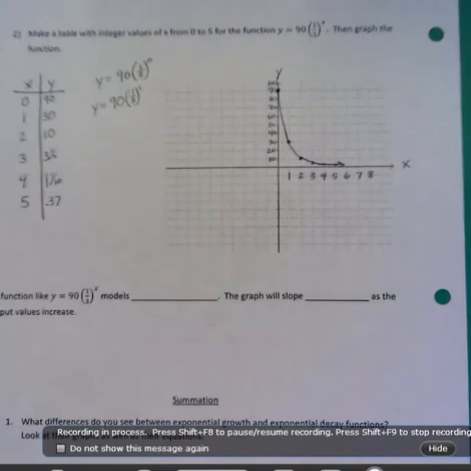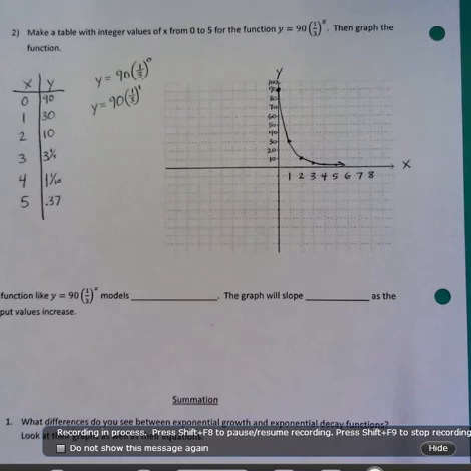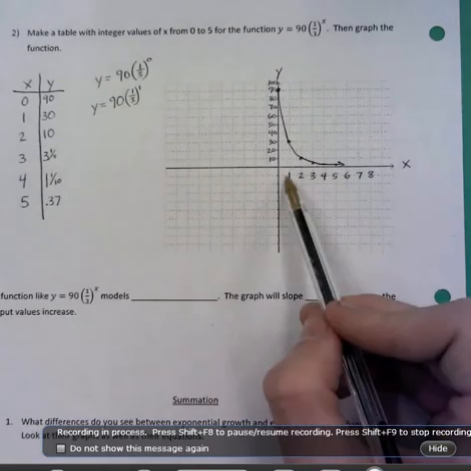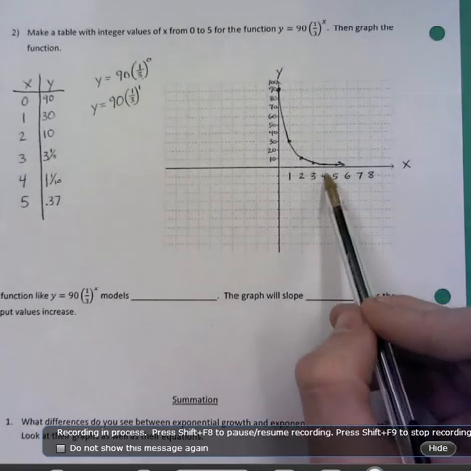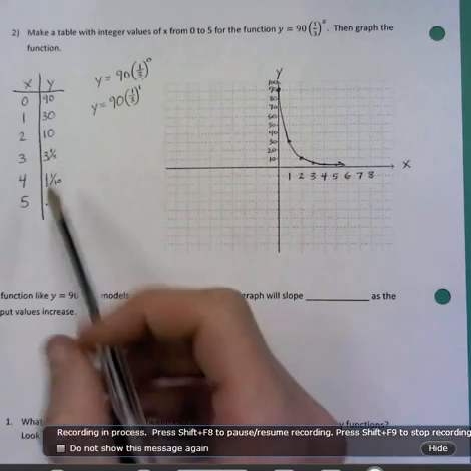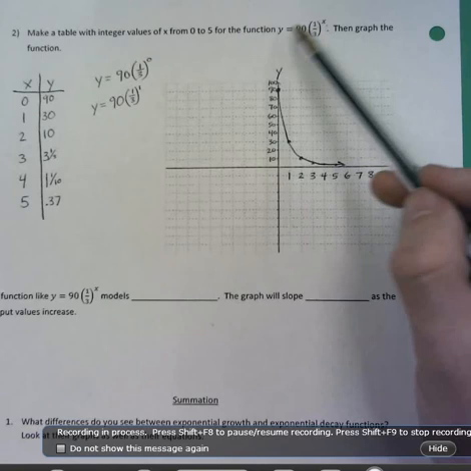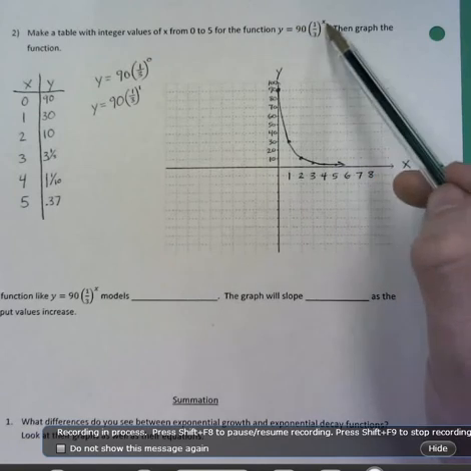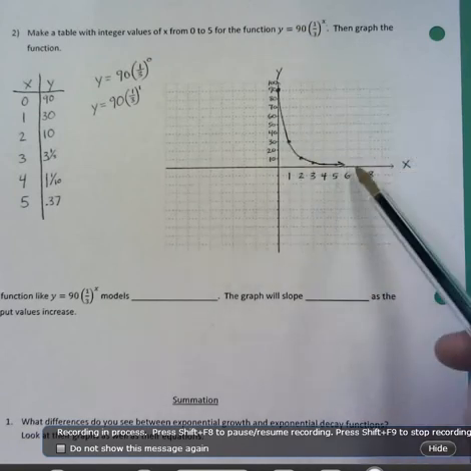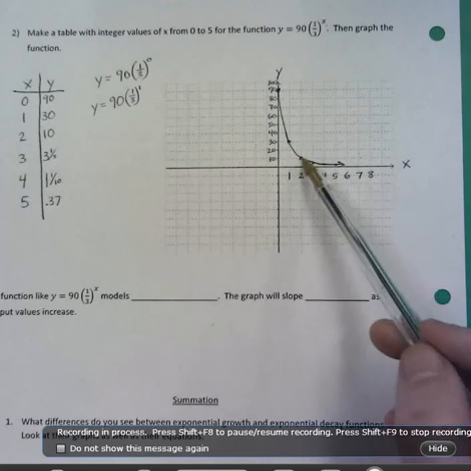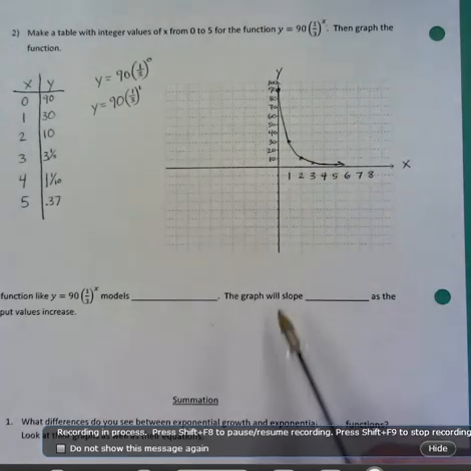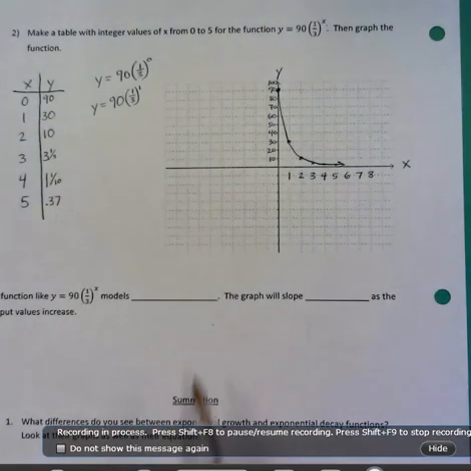That's why it's called an exponential decay function, as our x values, or our input values, are plugged into our function, our value for y, or our output value, gets smaller and smaller and smaller, and it happens very quickly, okay, after the first or second value. That's why it's called exponential decay.